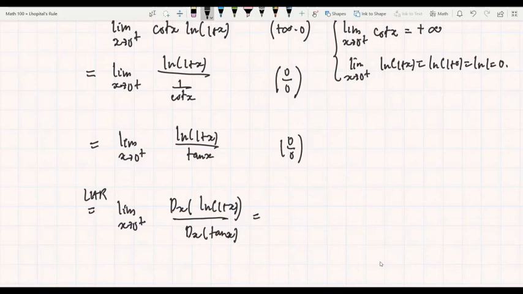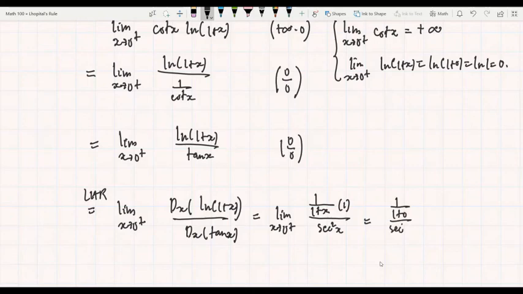So what is this one? We have the limit as x goes to 0 plus of 1 over 1 plus x, and then the derivative of 1 plus x is just 1 by the chain rule. For the denominator, the derivative of tangent x is secant squared x. So evaluating this limit, we have 1 over 1 plus 0 over secant squared of 0. So we have 1 over 1 squared, or 1.